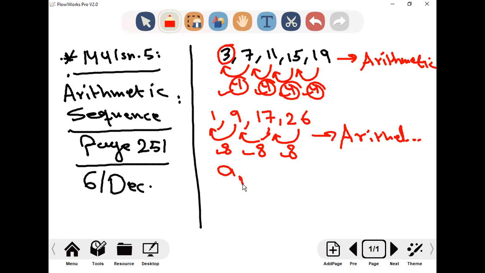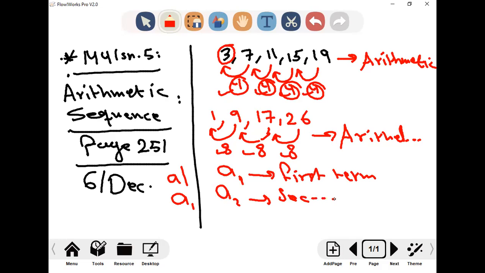We call it index. Not 1A, not A1, لا. A big, with small 1 هيك beside it. This A1, it is the first term, يعني the first number in the sequence. A2, second term.